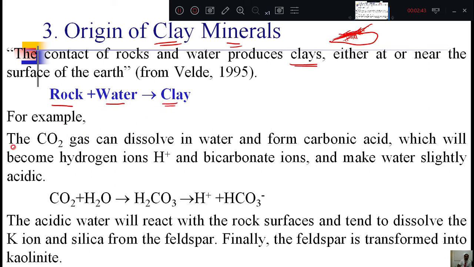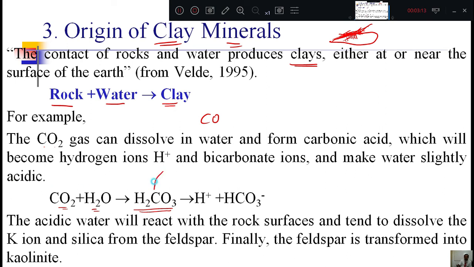For example, CO2, a carbon dioxide gas, can dissolve in water and form carbonic acid. Now here it is written: CO2 will combine with water and forms carbonic acid, which will become hydrogen ions H+ and carbonate ions and make the water slightly acidic.